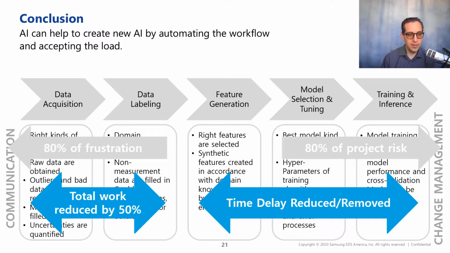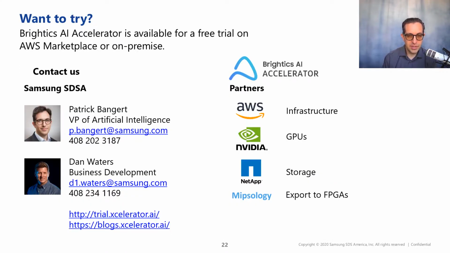And this is how we can save workload in the data parts of the workflow and save project duration in the modeling part of the workflow, and overall make your project a lot shorter, a lot cheaper, and the result a lot more accurate. Brightix AI Accelerator is the software that enables all of these things, distributed computing as well as all the AutoML features and the active learning that I've talked about.